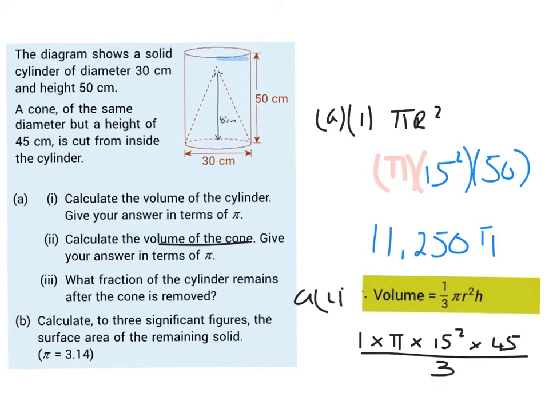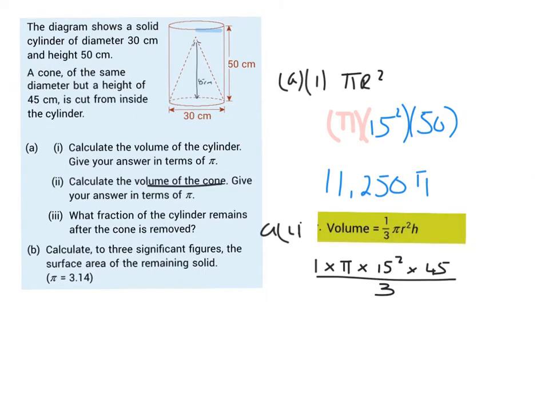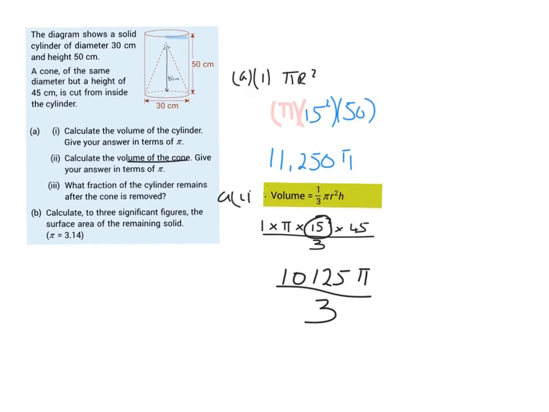I'm going to use my calculator to make that a little easier. That gives me 225 multiplied by 45, which is 10,125 pi, all divided by 3. If I divide that by 3, I should get the volume of the cone is equal to 3,375 pi.